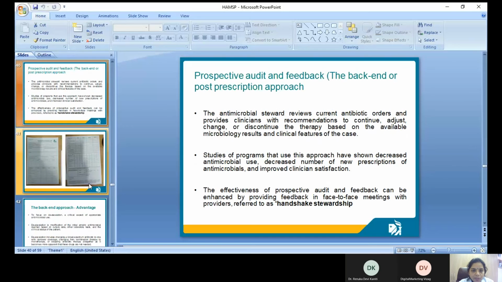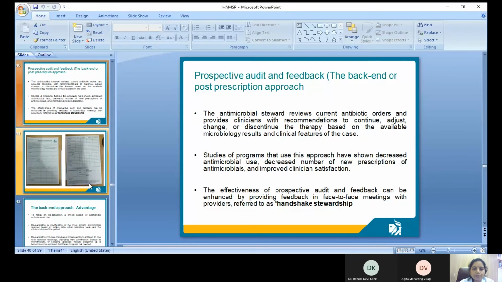Coming to the next method, that is prospective audit and feedback, otherwise called the back-end or post-prescription approach. Here, the antimicrobial steward reviews the current antimicrobial orders and provides the clinician with recommendations to continue, adjust, change, or discontinue the therapy. So, based on the culture results, he will be suggesting to the prescriber about these indications.